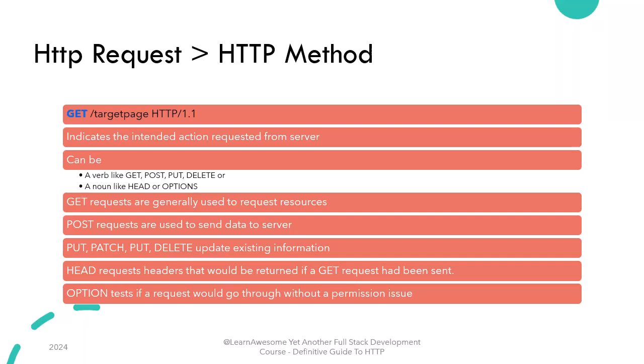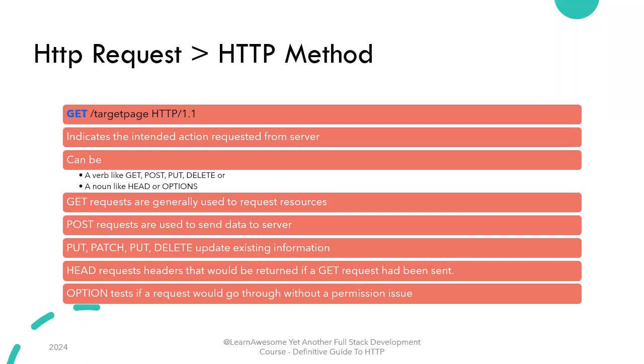The two special methods, head and options, have special meanings and are used to check capabilities of web server rather than actually performing an action. Head requests headers that would be returned if request would have been initiated with get request. Say for example, if you are about to request download of a file which can be huge in size, you would first send a head request and response would include the file size.